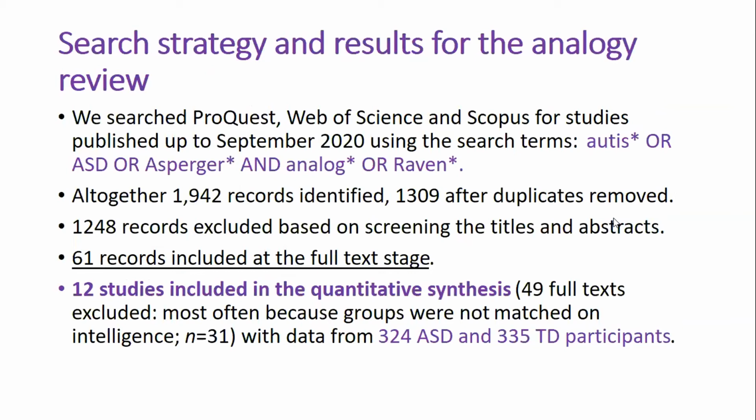We identified almost 2,000 papers with these criteria, but then a lot of these were excluded after we screened the titles and abstracts, and 61 papers were included at the full text stage, where we actually checked the details in the papers. And in the end, a bit disappointingly, we were only able to include 12 studies in the quantitative synthesis, which included more than 300 ASD and TD, typically developing, participants.